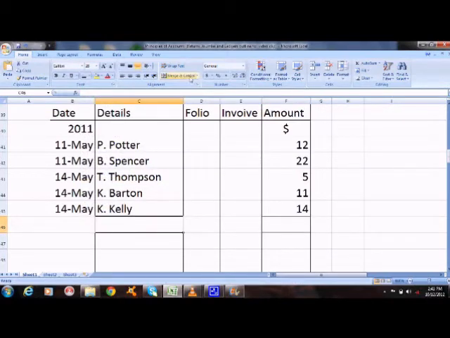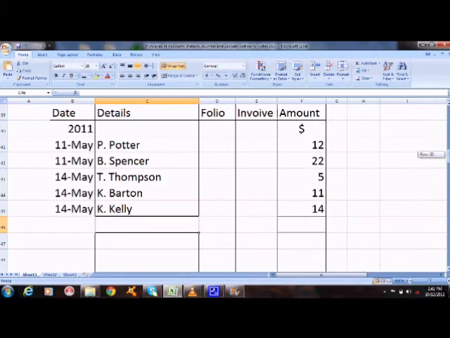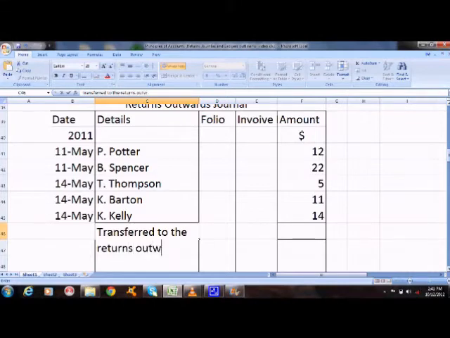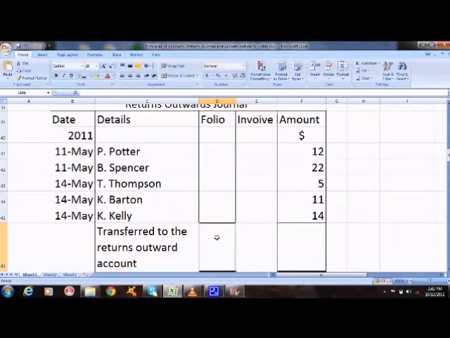In this column we're going to write that the returns outwards journal total is transferred to the returns outwards account, and this will be going into the general ledger. These individual entries are all going into the purchase ledger.